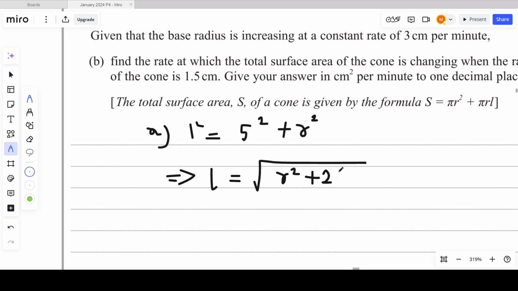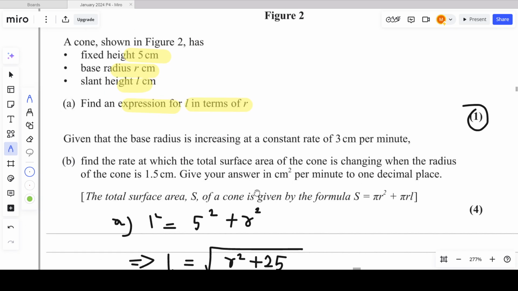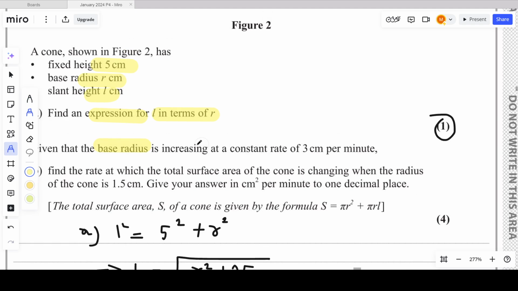Okay, let's move on to part B. What have they asked in part B? Given that the base radius is increasing at a constant rate of 3 centimeters per minute. The rate of increase of the base radius is given.